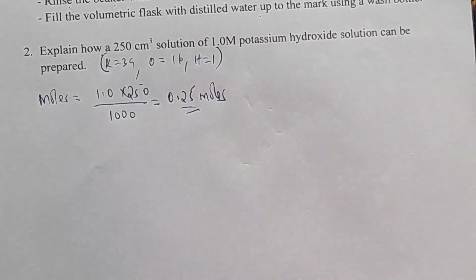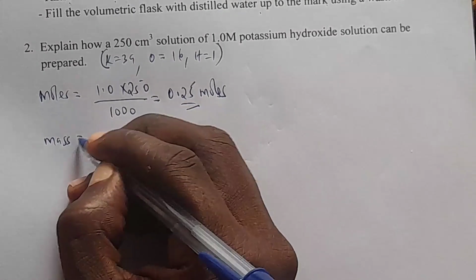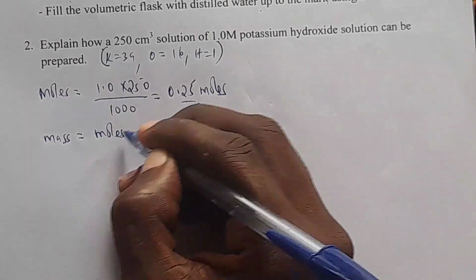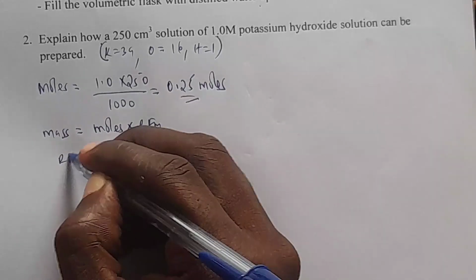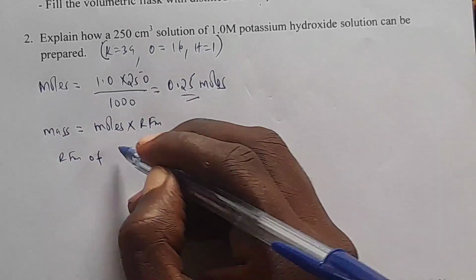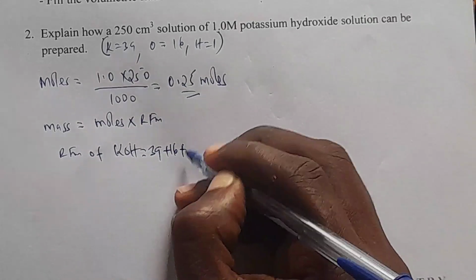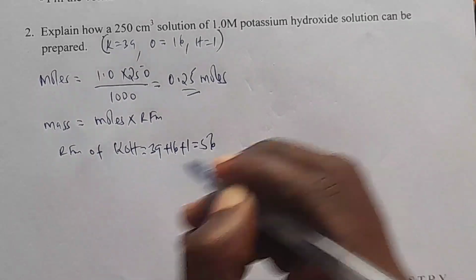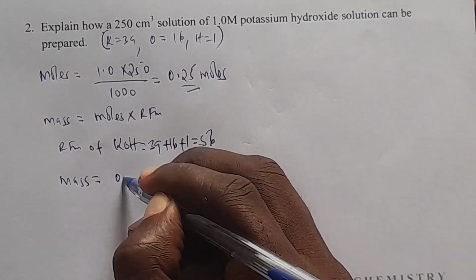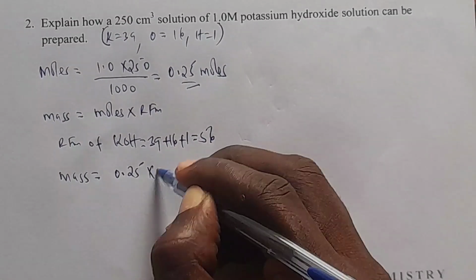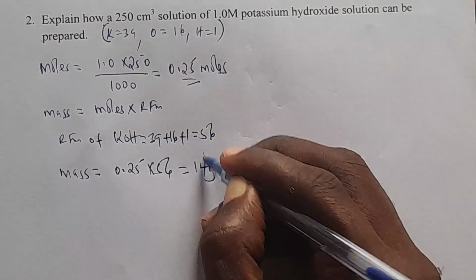Next step, if we get moles, how do you get mass? Mass is given by moles times RFM. So RFM of potassium hydroxide is 39 for potassium plus 16 for oxygen and 1 for hydrogen. This is 56. So mass will be equal to moles, which is 0.25, times 56. We are going to get 14 grams.